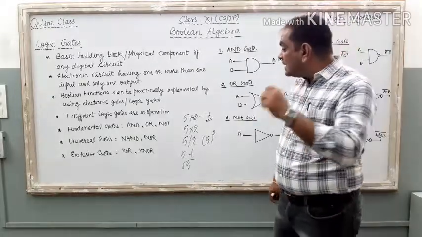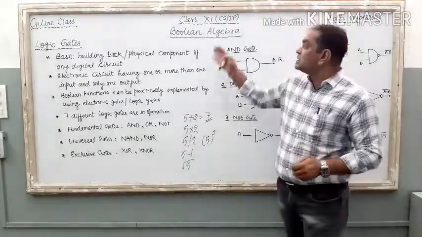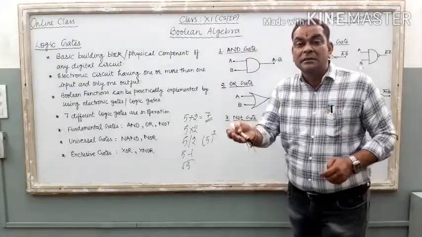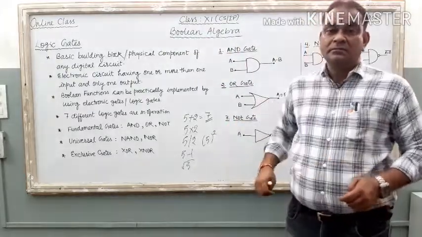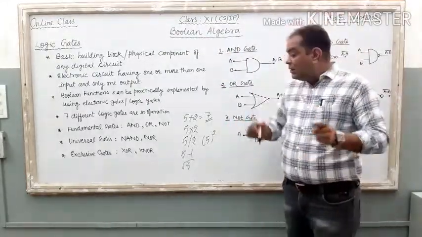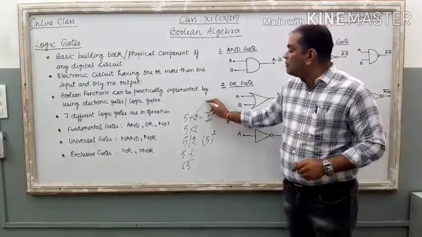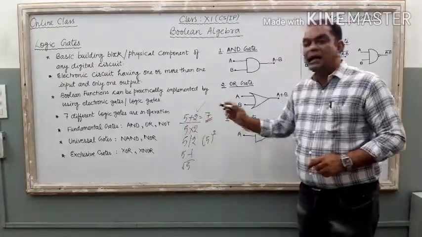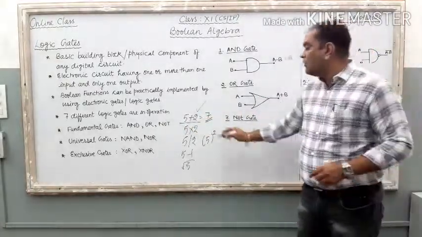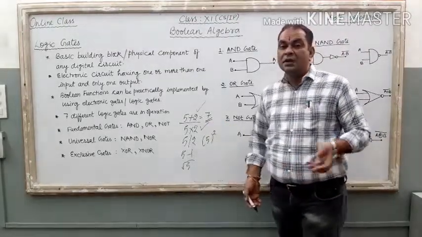Very first, just see this point. Our previous chapter was number system. In this number system, we discussed how a computer can make addition, how our computer can make multiplication. How?